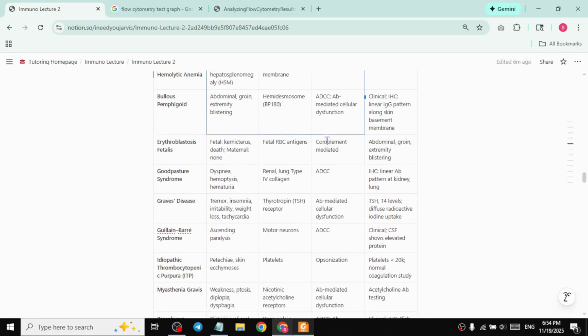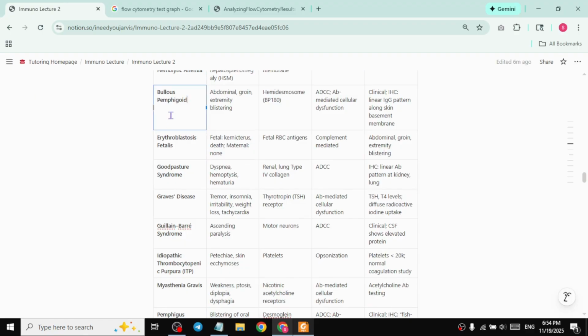So we understand that. Next is bullous pemphigoid. You see, you have antibodies against hemidesmosomes, right? Hemidesmosomes and the antibodies, once they're bound, they lead to ADCC. So you see that peculiar, the four ways that we discussed how the antibodies actually destroy things, right? So ADCC is there, right? Or it can be antibody-mediated cellular dysfunction, causing receptor dysfunction, basically, right?